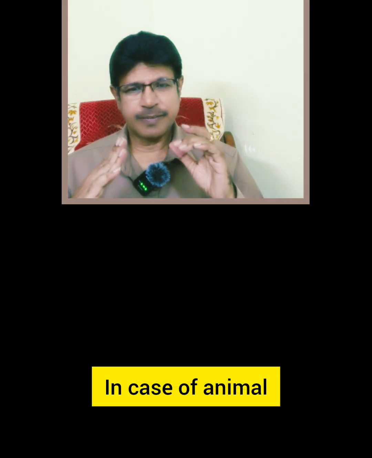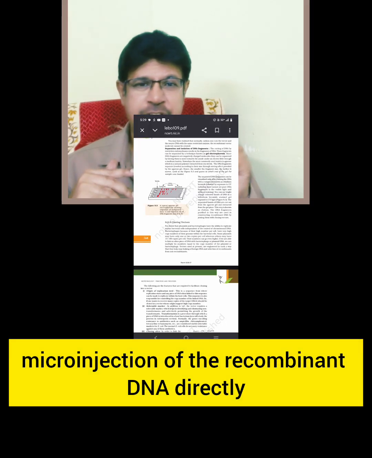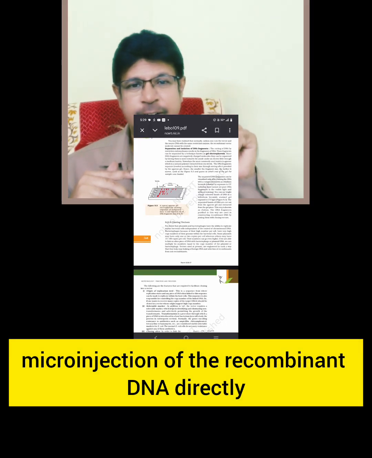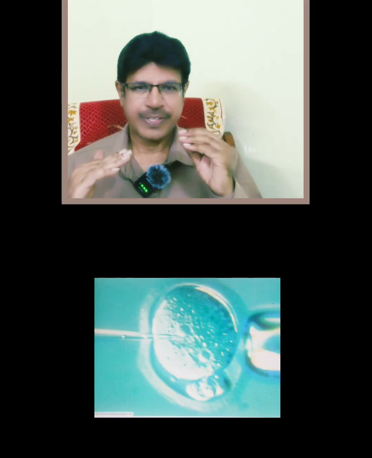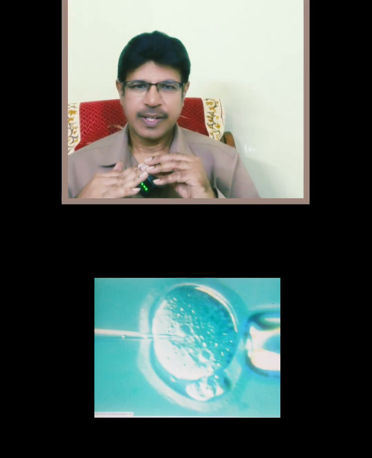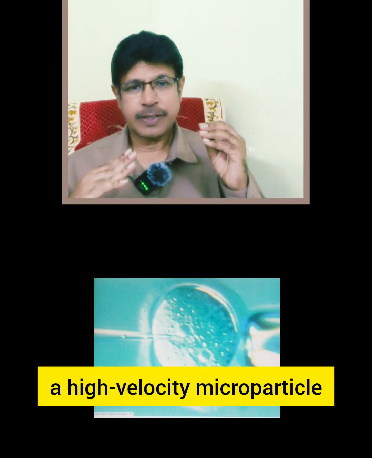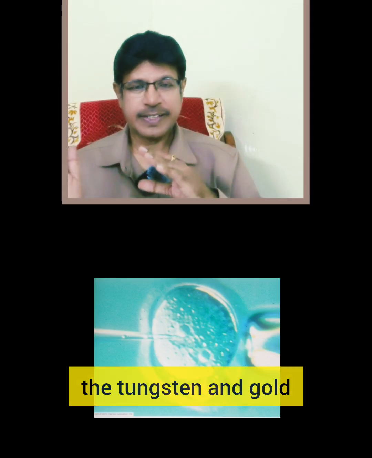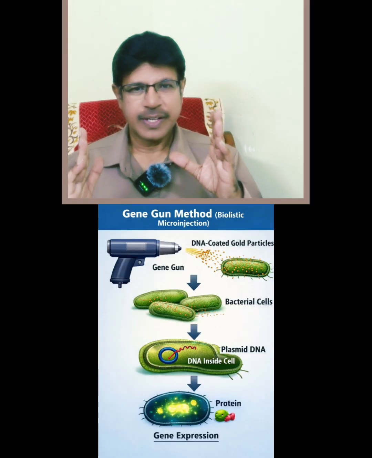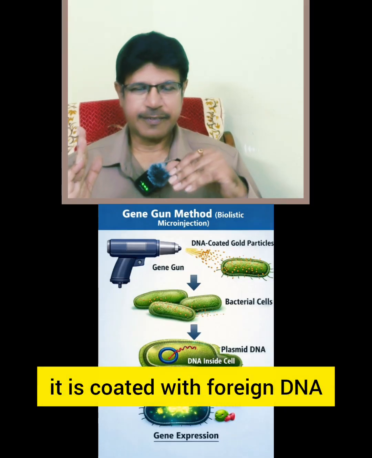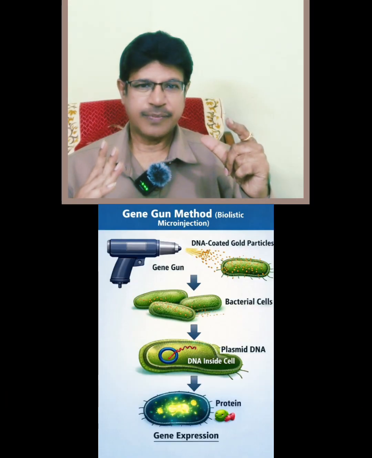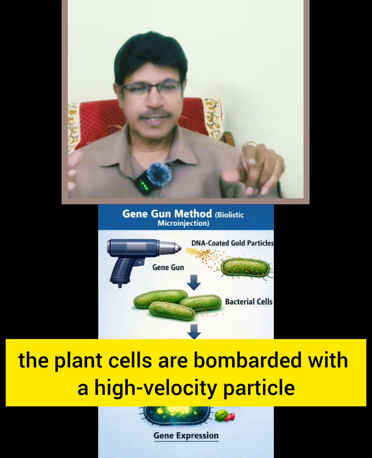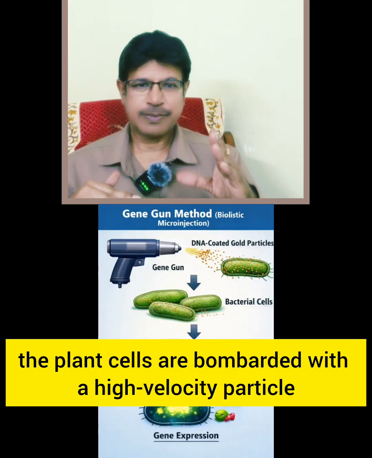In the case of animal cells, microinjection of the recombinant DNA is done directly into the nucleus. Next, in plant cells, high velocity microparticles of tungsten and gold are coated with foreign DNA, and by using a gene gun, the plant cells are bombarded with the high velocity particles.